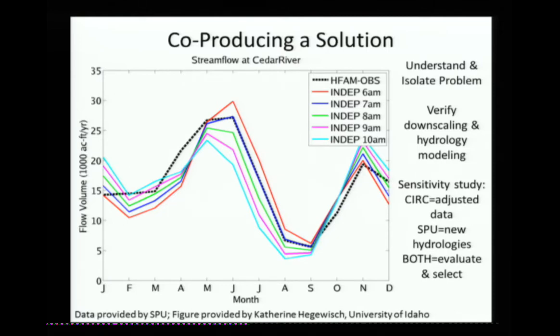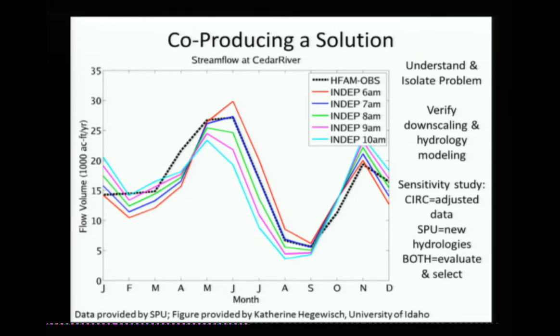So this is an example of a problem and solution we maybe didn't expect when we started out, but it required some joint understanding and isolating the problem. It's not something that CERC could figure out in isolation without SPU's understanding of the hydrology model. And it also took CERC's understanding of snow dynamics to really come together and figure out the solution.